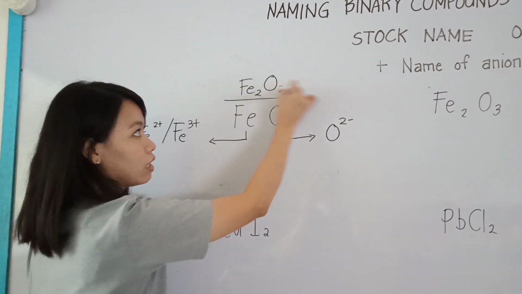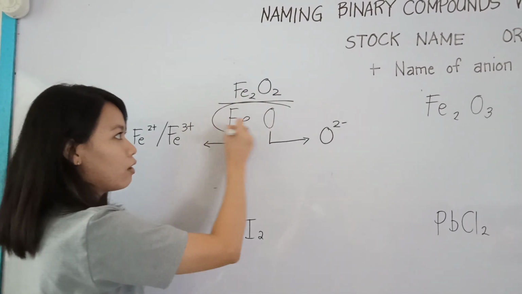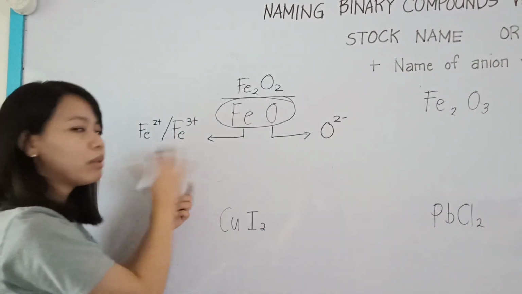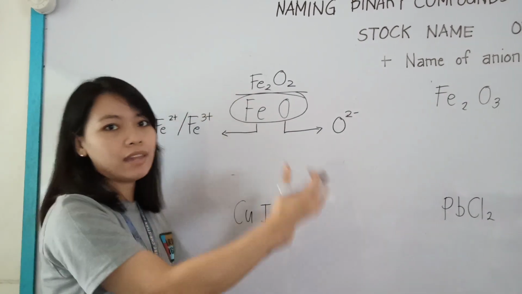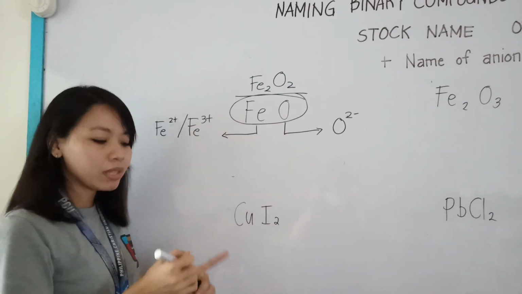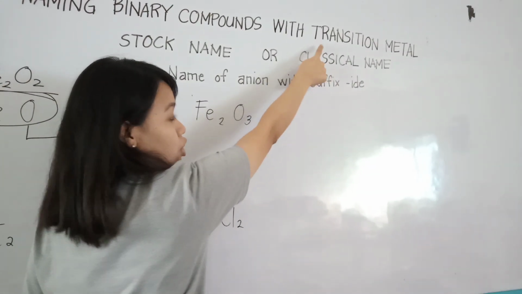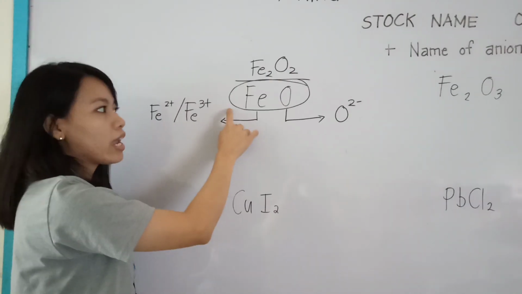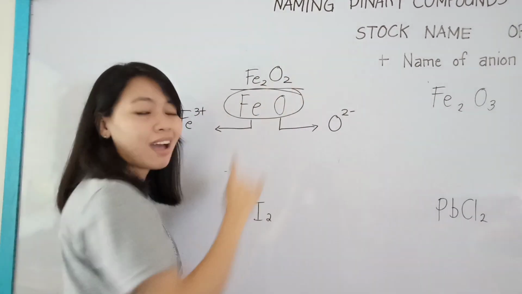Then once again, i-follow nyo yung criss-cross rule, makukuha nyo ang formula na FeO. Okay? So ngayon, alam na natin kung saan sila nagmula. So ngayon, pwede na natin siyang pangalanan. So it's either once again, gagamit ka ng stock name or ng classical name ng transition metal. So in this case, ang transition metal na meron tayo ay iron or Fe. So ngayon, gamitin muna natin yung stock name.